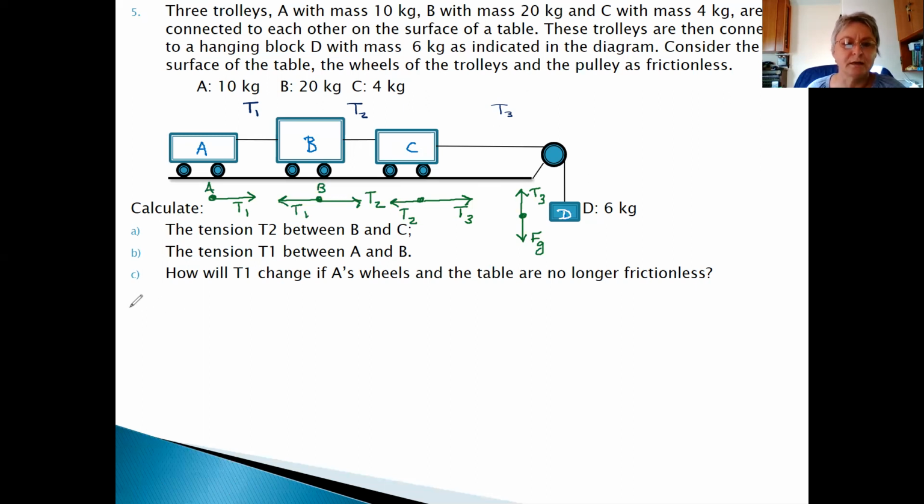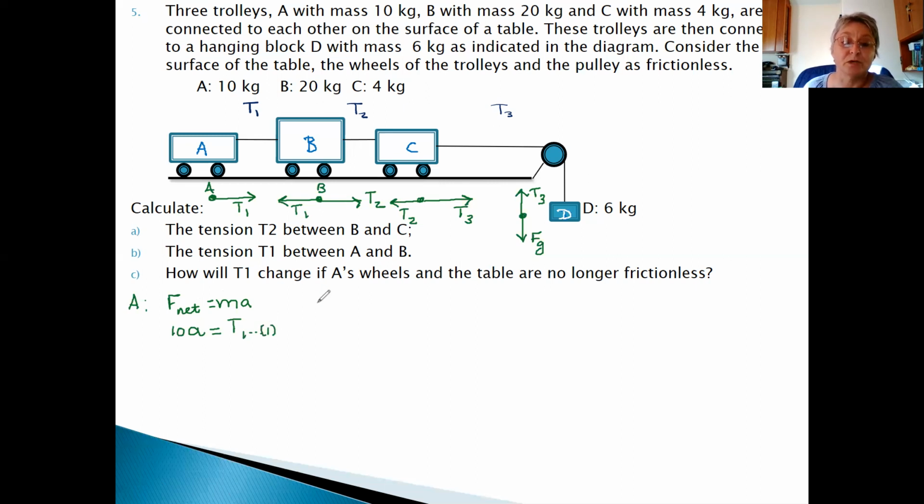So for A, the F net, which is equal to MA, would be equal to T1. So it is the 10 kg object times the acceleration would be equal to T1. This is my first equation.